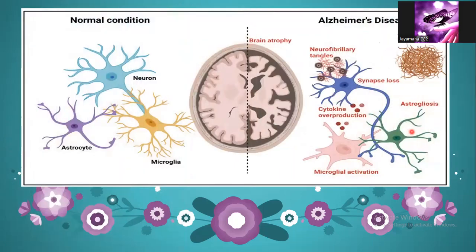In this slide, this picture depicts how neuroinflammation occurs with the influence of the microglia and the astrocytes. These microglia are the brain's immune cells which attempt to clear the amyloid plaques, but through chronic activation they release pro-inflammatory cytokines. So here you can see how the cytokine overproduction occurs.